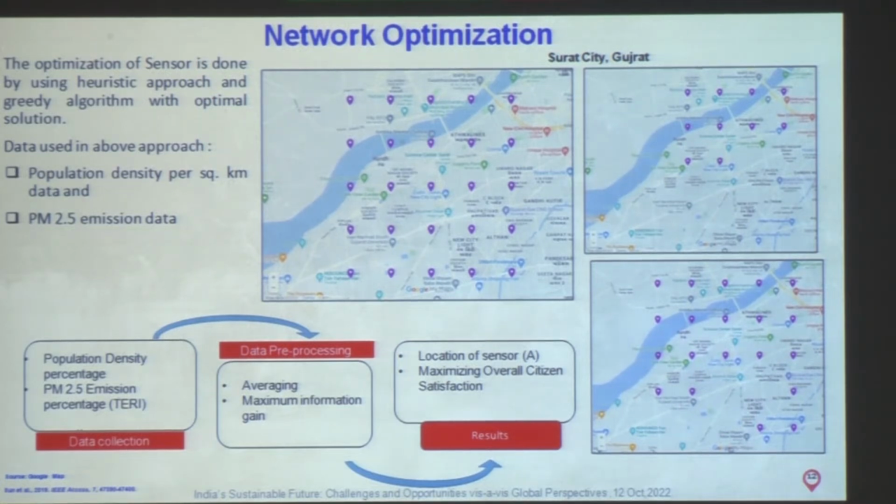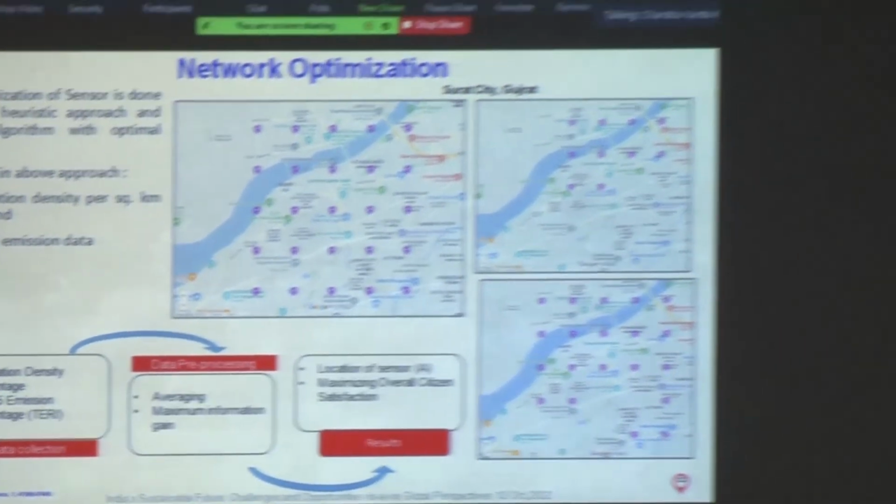We have tried to make use of a very neat optimization algorithm which relies on very high resolution data which was available for the city of Surat. As I talk, this work is implemented in Surat city. This is a map of Surat where very high resolution population density and source information was available.